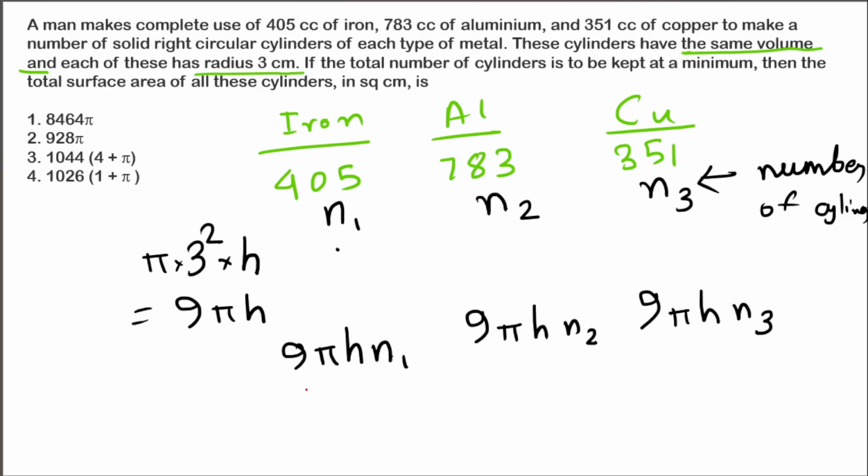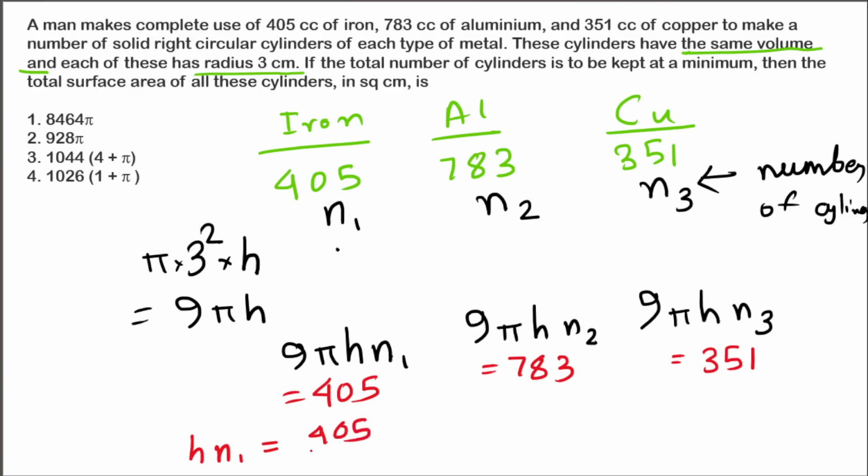This is equal to 405, this is equal to 783, and this is equal to 351. So we'll have h n1 equals 405 by 9 pi, that would give you 45 by pi.